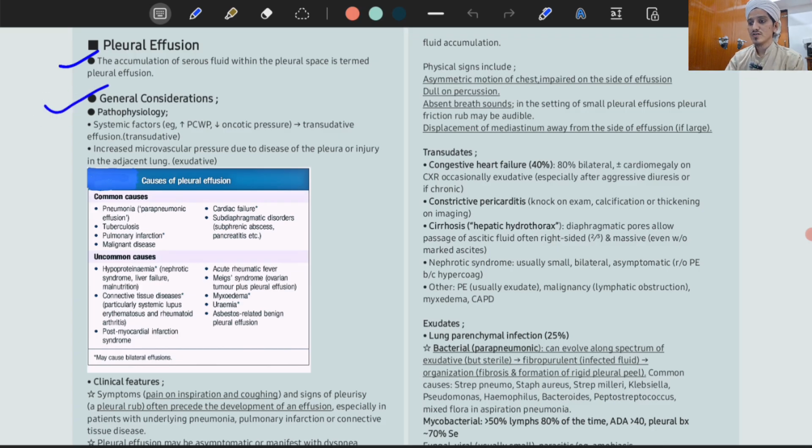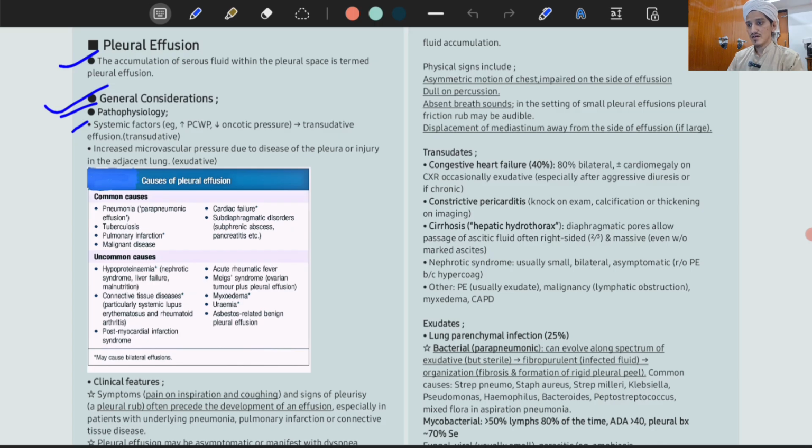So what's the pathophysiology? Number one is systemic factors, either due to increased pulmonary capillary wedge pressure, nothing but the hydrostatic pressure in the pulmonary capillaries, or due to decreased oncotic pressure, I think because of loss of proteins from the blood.